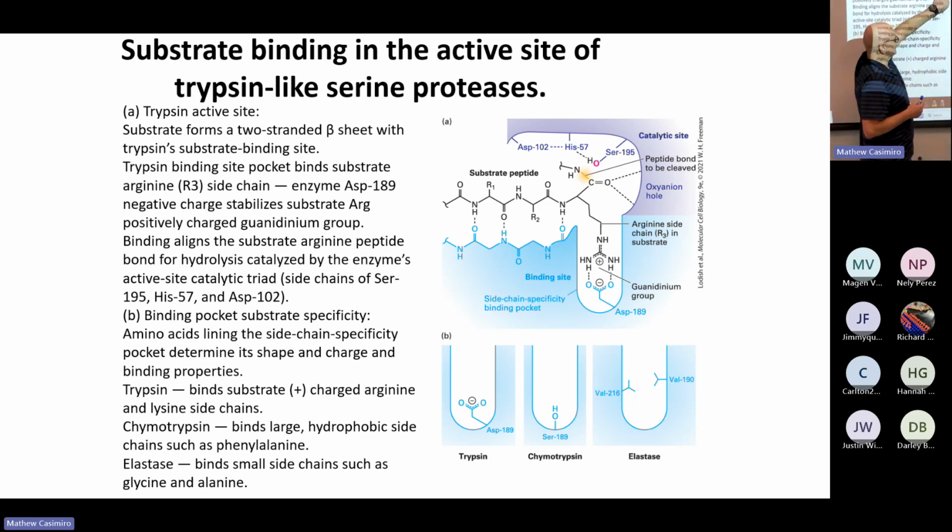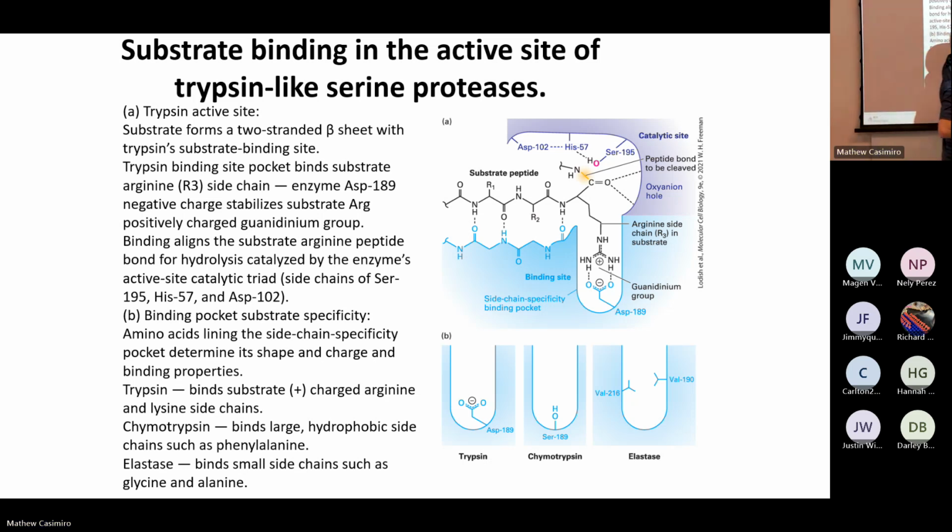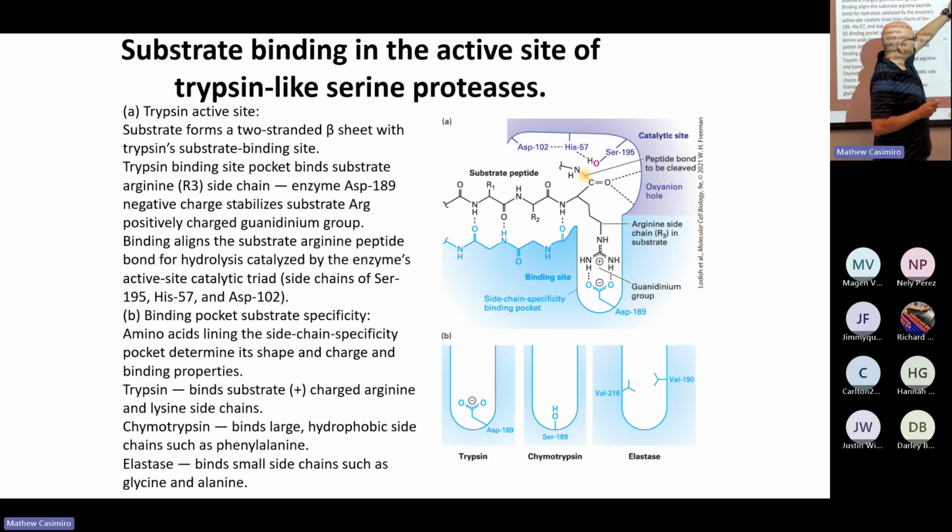This arrangement here is a parallel beta sheet, right? So it's stabilized by hydrogen bonding between the substrate and the binding pocket, literally holding the peptide in exactly the right position in order to cleave this peptide bond within the backbone of the protein.